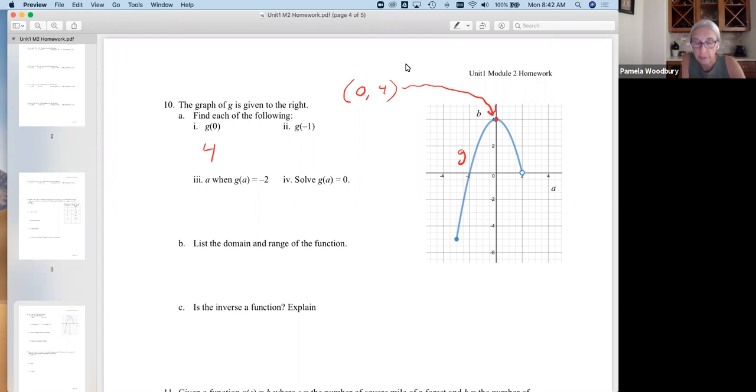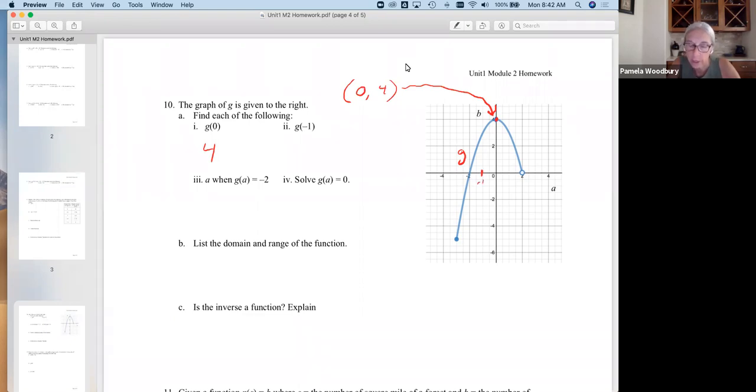Therefore, this question over here is saying to take the function g and evaluate it at -1, g at -1. And it's saying g at -1 results in some output. First I have to find -1 on my horizontal axis. That's right here.